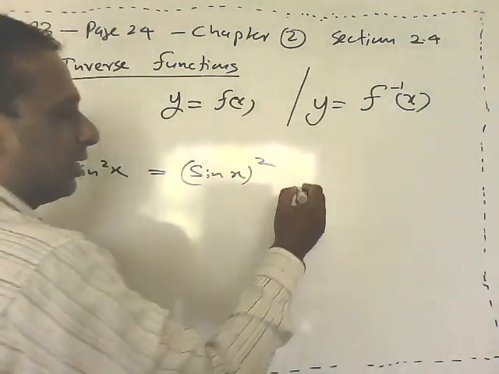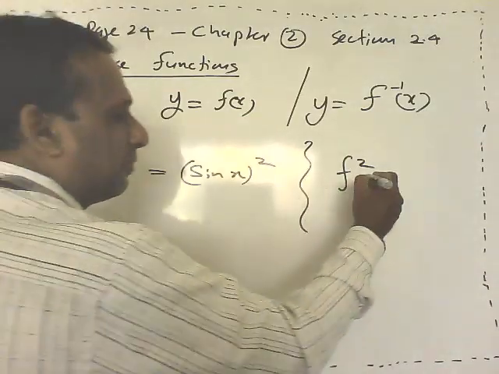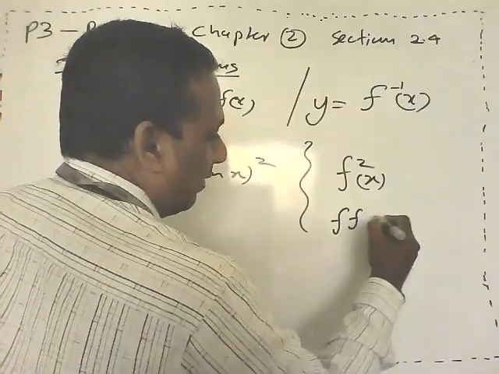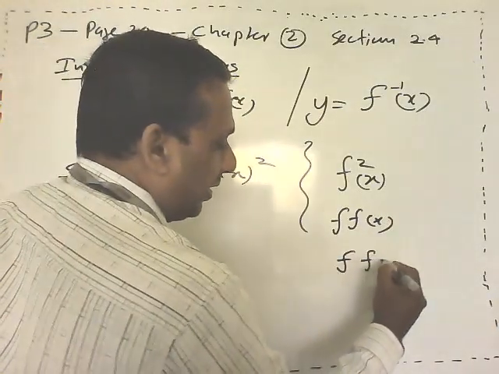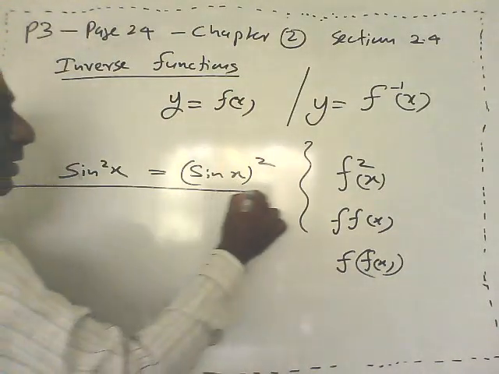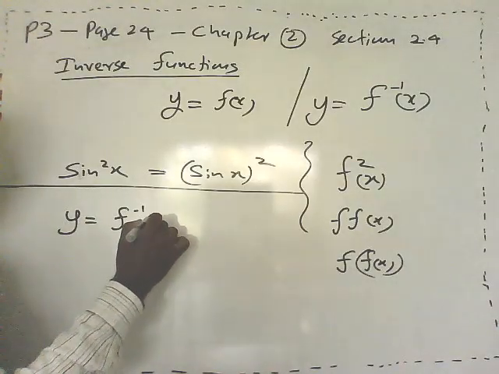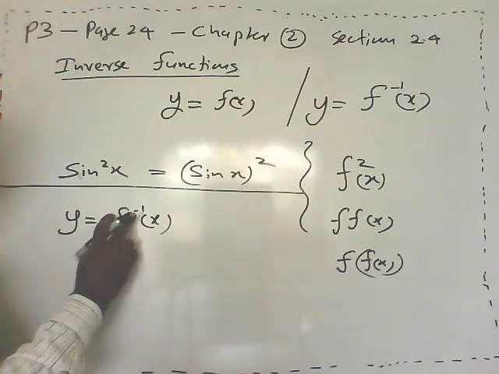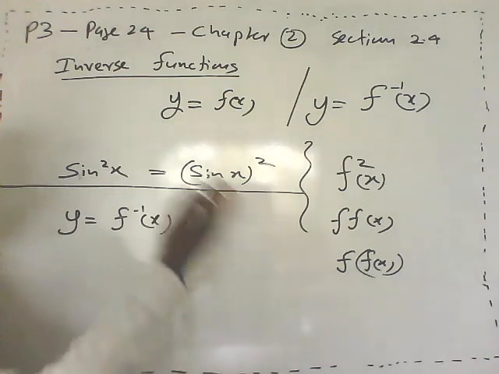And you have seen f squared x as well, which denotes f(x) squared. But f inverse x, y equal f inverse x, is a special thing. The idea of the inverse is the reverse mapping.